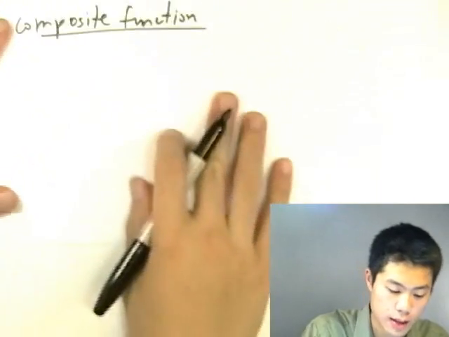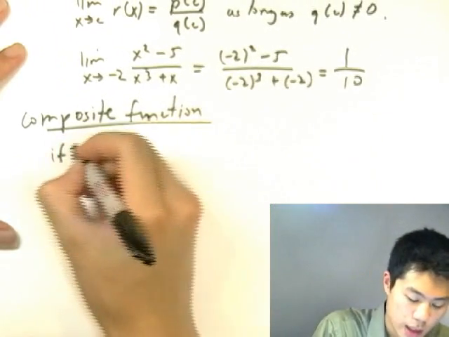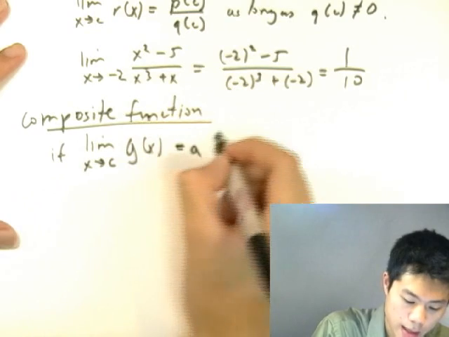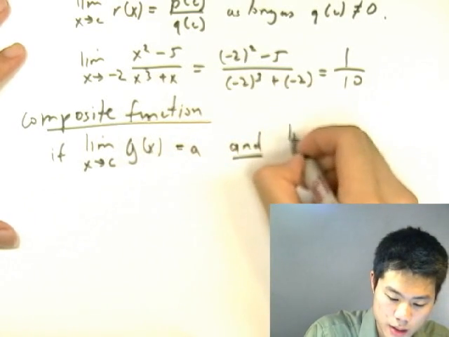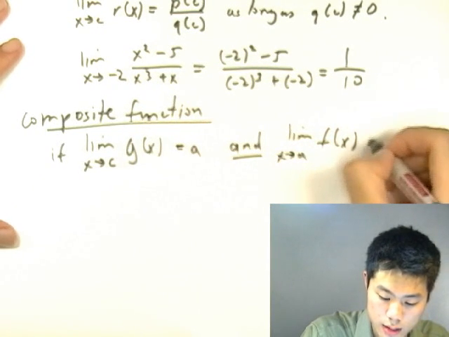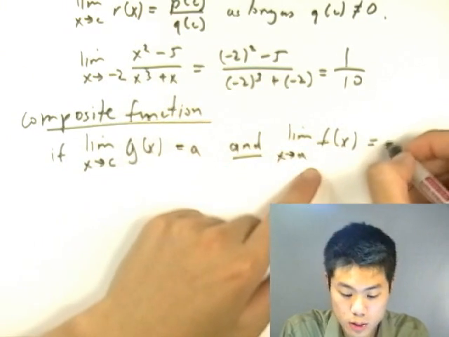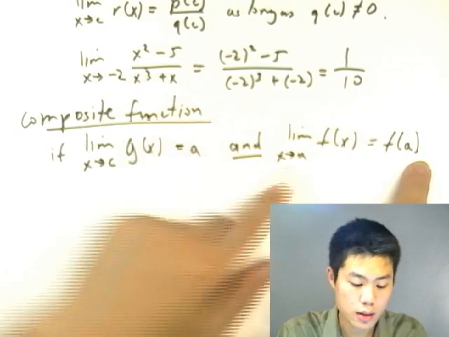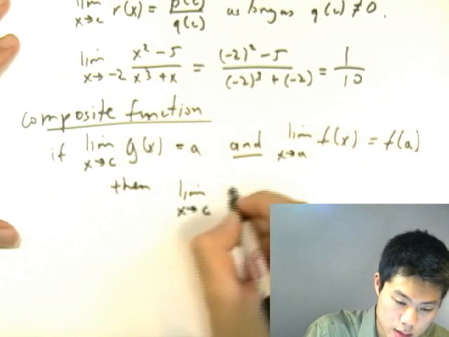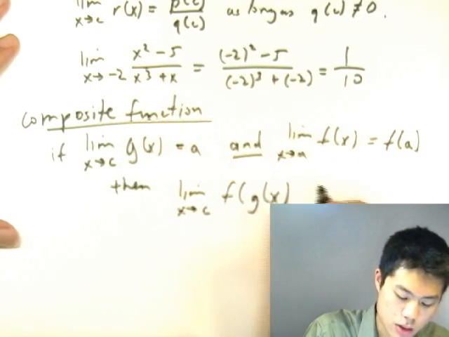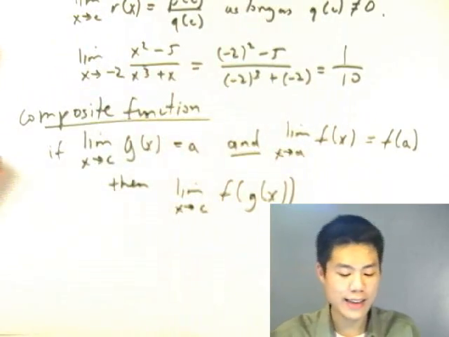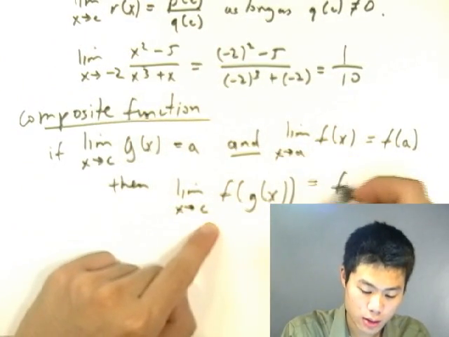Okay, this basically states that if the limit of g of x as x approaches c is equal to a, and the limit of f of x as x approaches a is equal to basically direct substitution, then the limit as x approaches c of f of g of x is going to equal f of a.